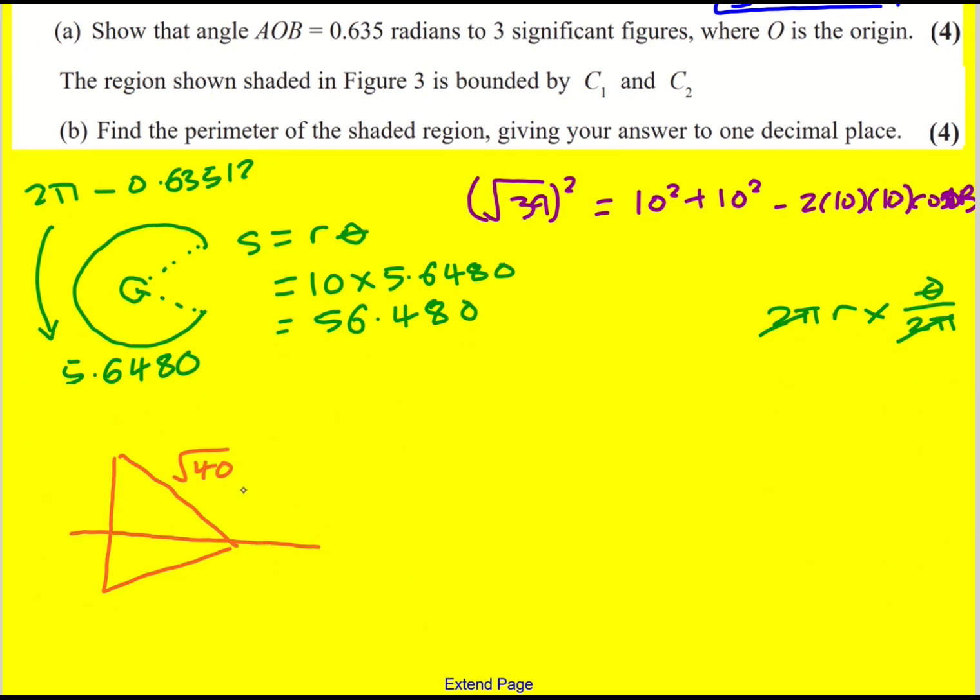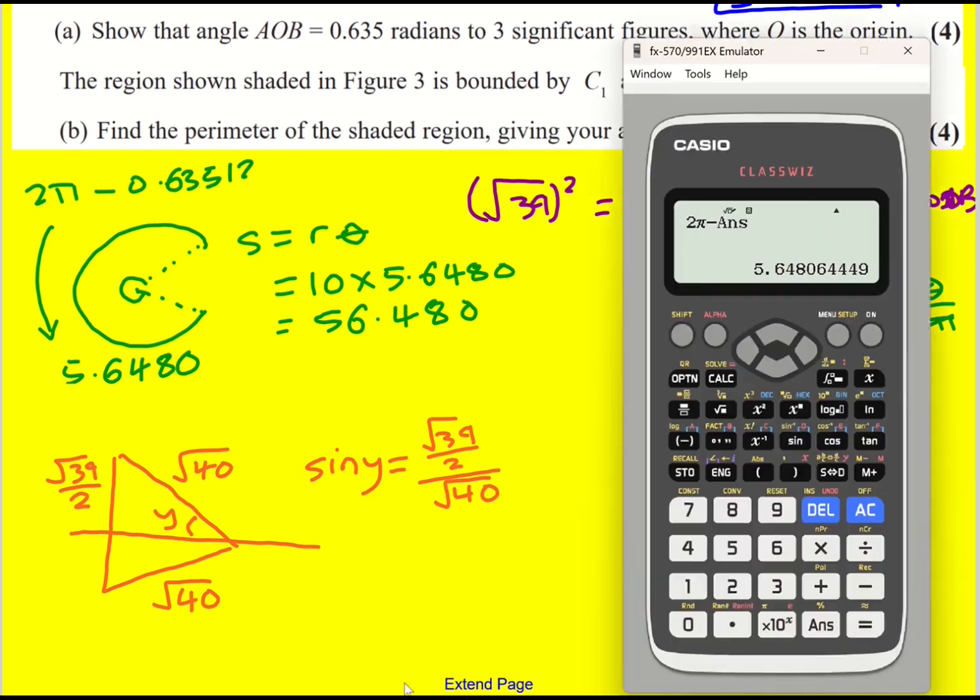Going to split the triangle into two again. Still isosceles, that's also root 40. This is still going to be root 39 over 2. I call this angle y. Then I've got sine y is root 39 over 2 divided by root 40. It's going to be very close to a half, but slightly less.